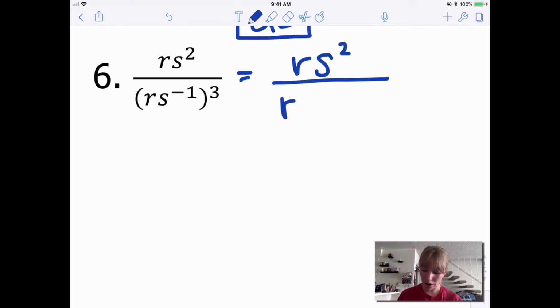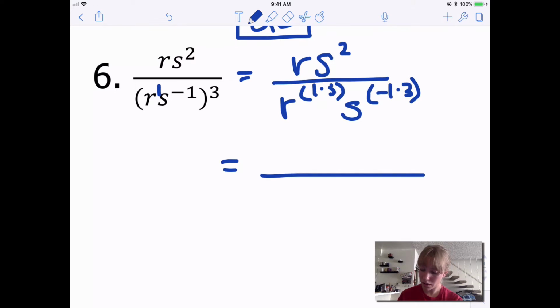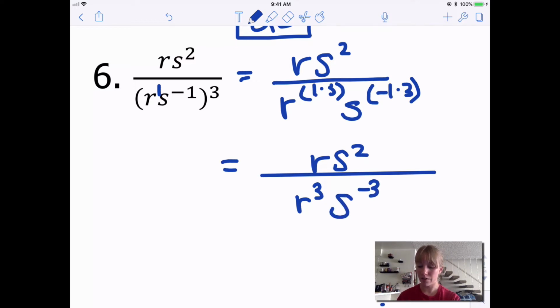So I get r to the 1 times 3, because this r is really to the first power, and then s to the negative 1 times 3. And I can continue my process. So I've got r s squared on the top. On the bottom, r to the 1 times 3 is r cubed. S to the negative 1 times 3 is s to the negative third.